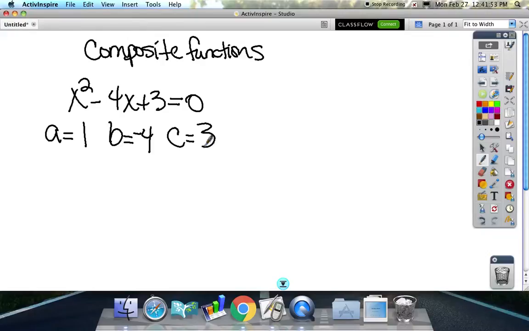Now store C as 3, or 3 store C. It'll stay in there until you store something else as A.